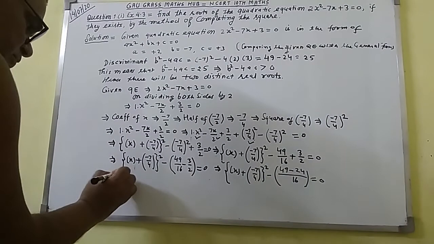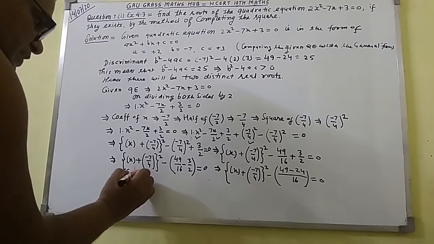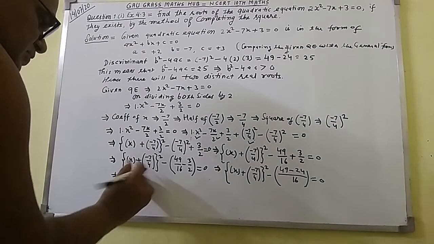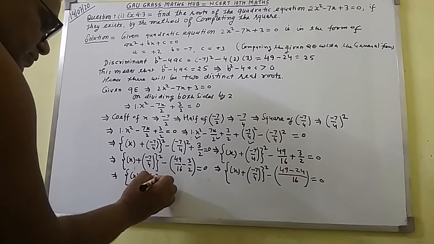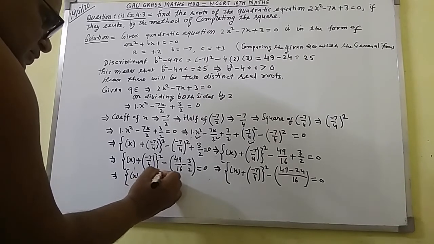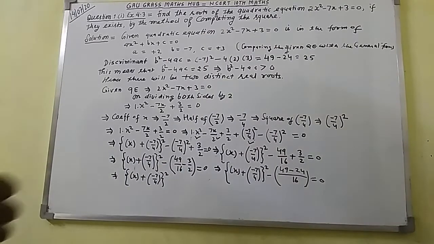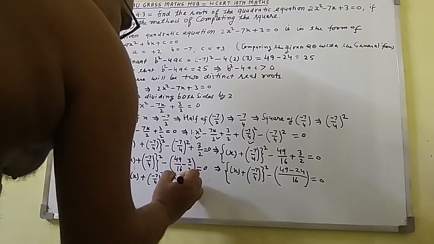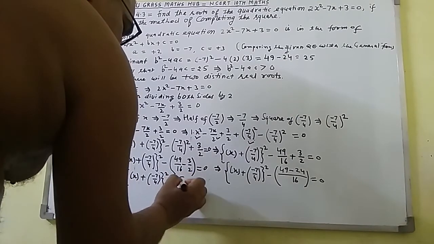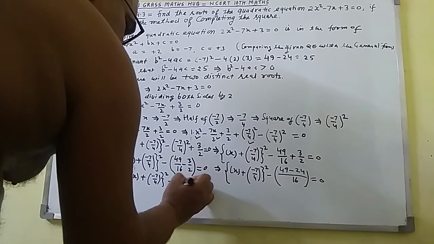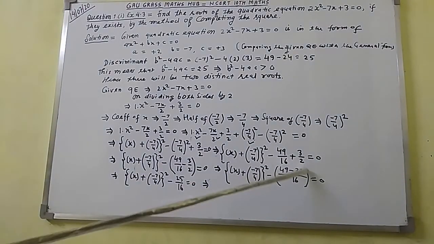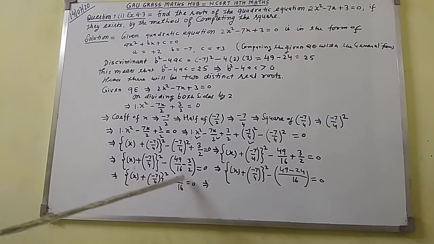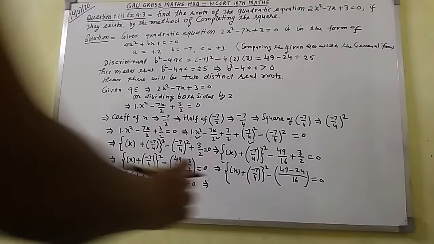After that, what to do? This will become, in bracket x plus minus 7 over 4, bracket squared, minus here you will write 25 by 16 equal to 0. 49 minus 24 you will get 25 over 16. So now what to do here?